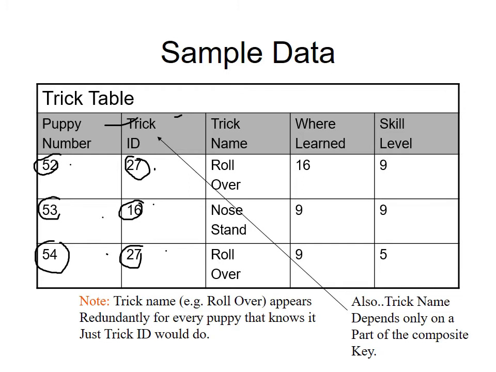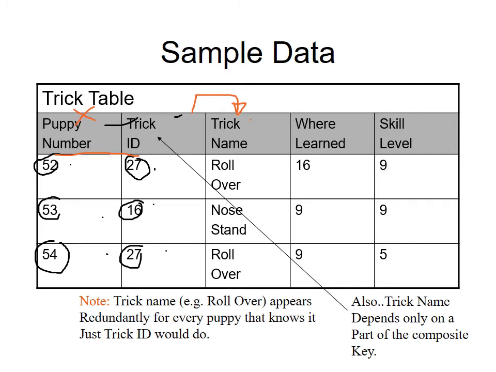Well, one thing that starts to appear, though, is the fact that trick name is only partially dependent upon the key. So trick ID determines trick name. Puppy number does not. So when we start to encounter this, it is known as a multi-valued key. This is a composite primary key.